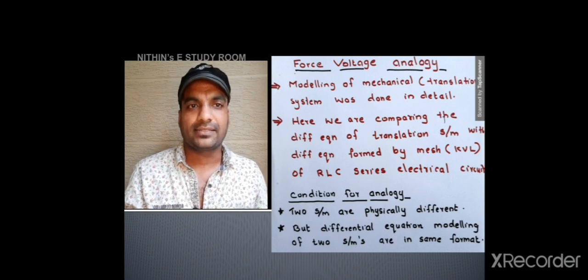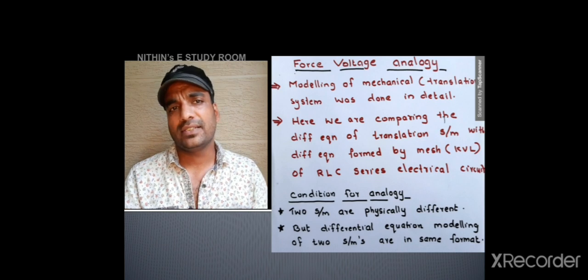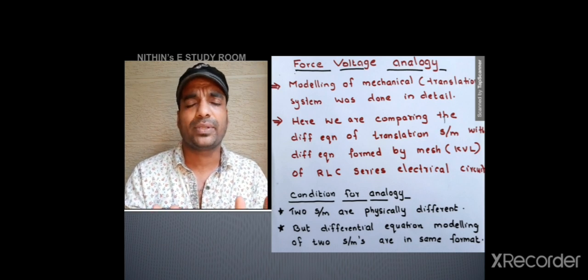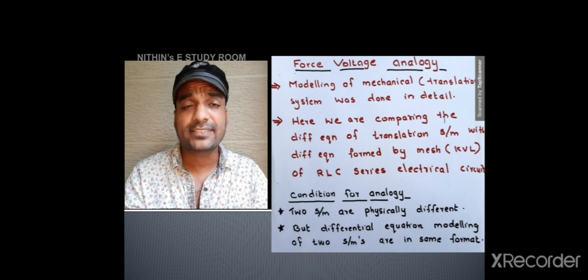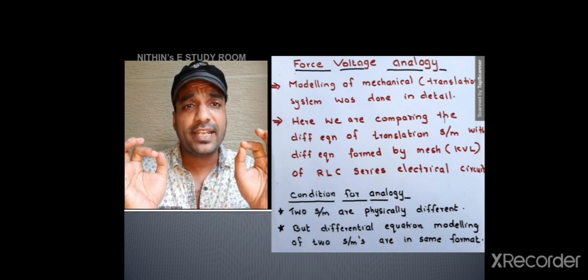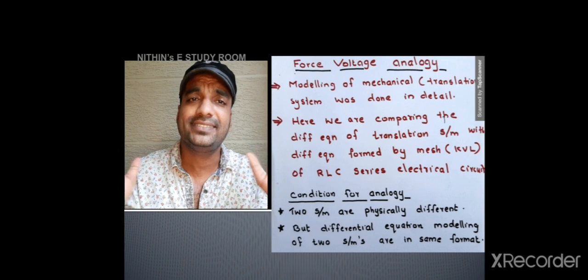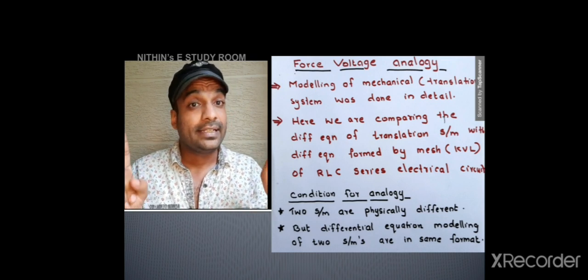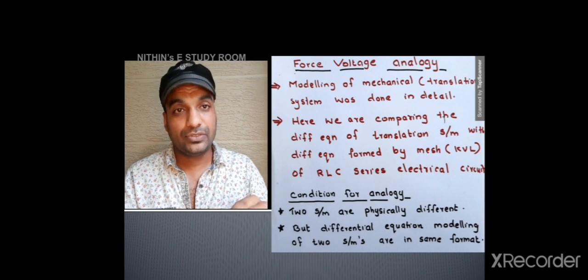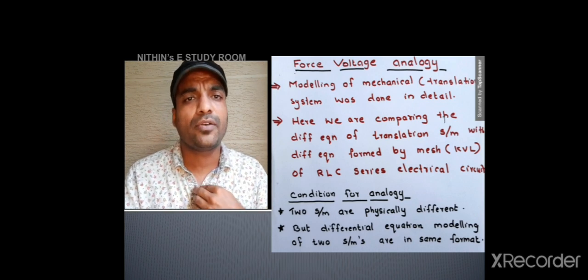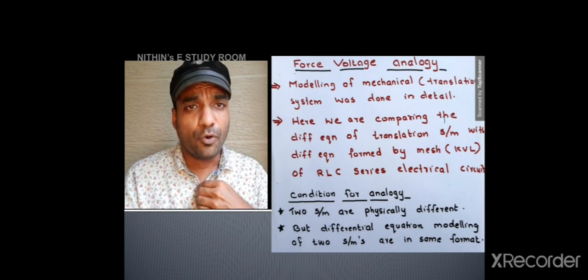An RLC series electrical circuit consists of a resistance, inductance and capacitance, and these three elements are connected in series, and this circuit is excited by a voltage source. As it is a series circuit, you have to give an excitation of a voltage source.